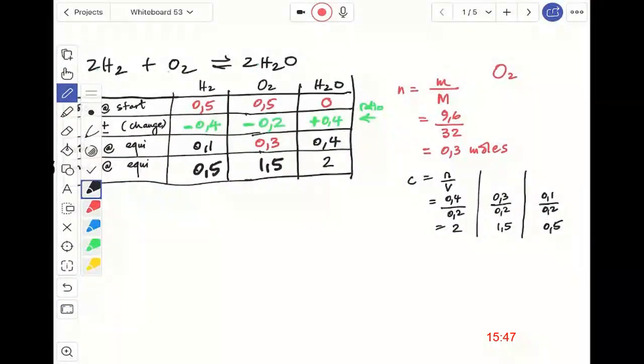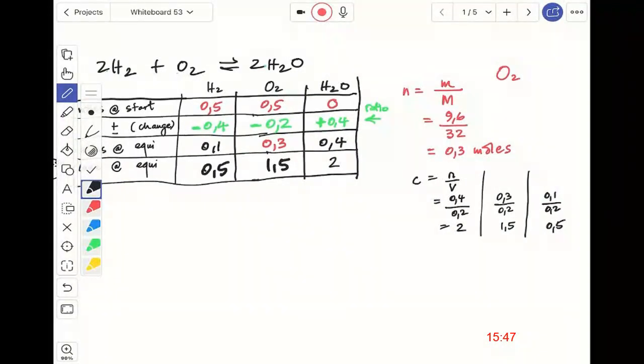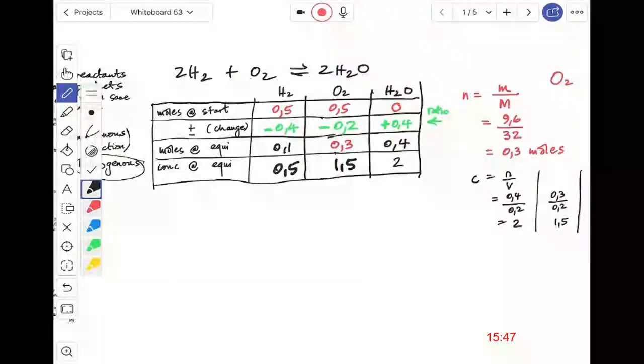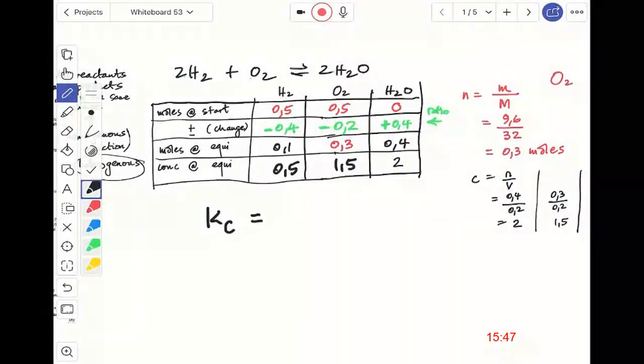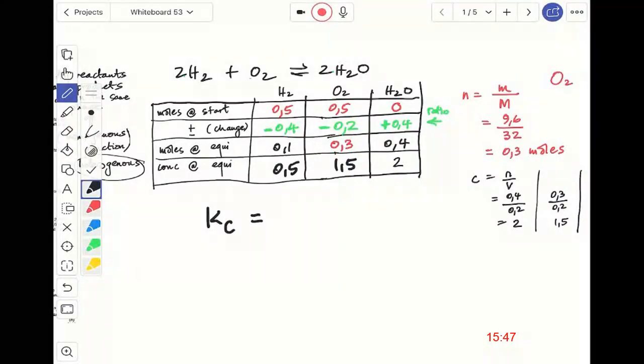And those are my concentrations. So now I can find out what my equilibrium constant is. My equilibrium constant Kc is equal to, remember, it's the product of the products, so it's H2O, and remember that 2 there means there are 2 of those, and if I simplify, that would be a square.